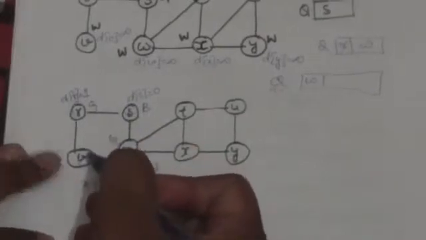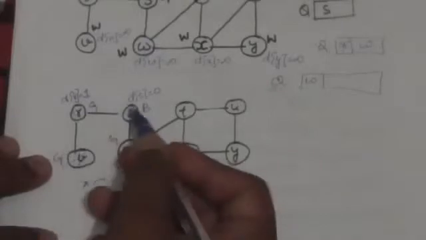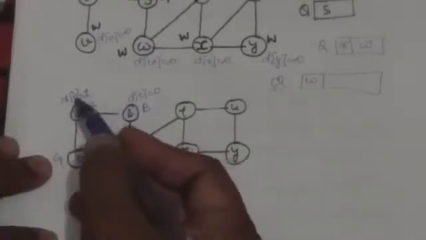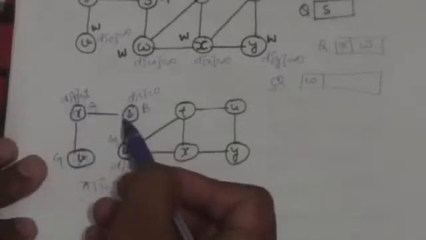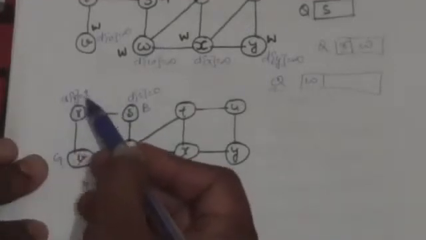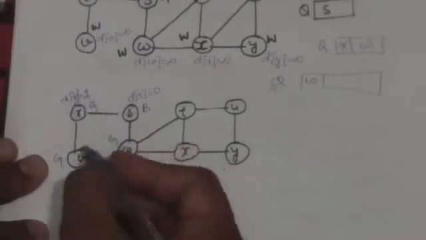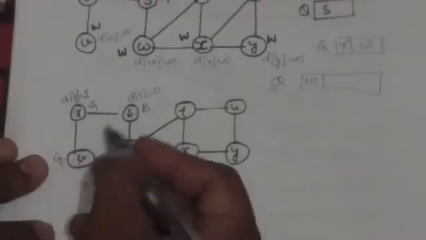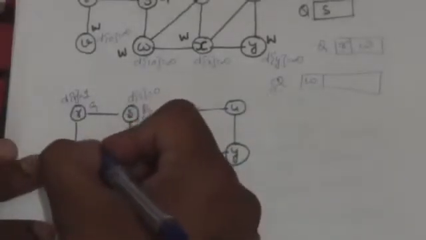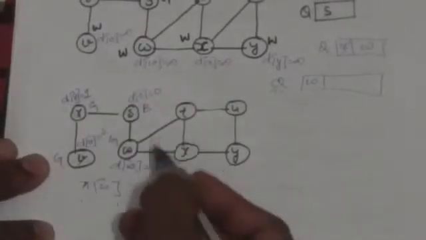So distance of vertex V from source vertex S will be set to 1 more than the distance of vertex R from source vertex S. Distance of vertex R from source vertex is 1. So distance of vertex V from source vertex S will be set to 2. So dV will be set to 2.